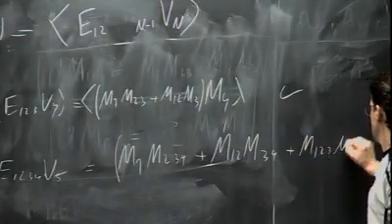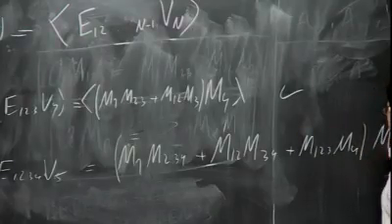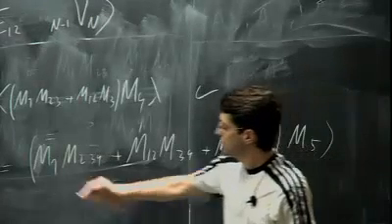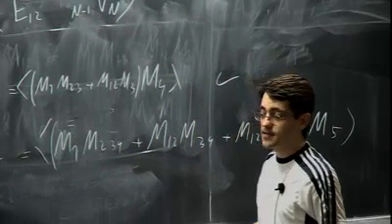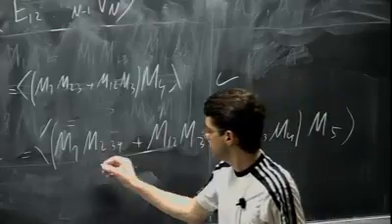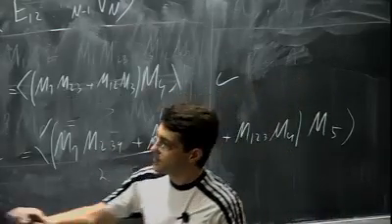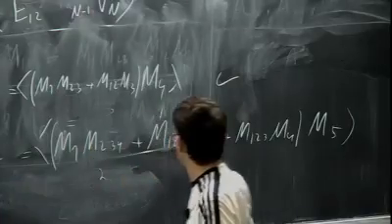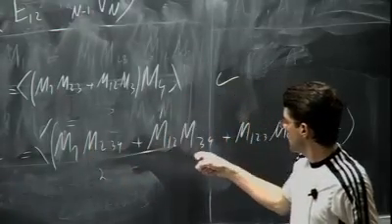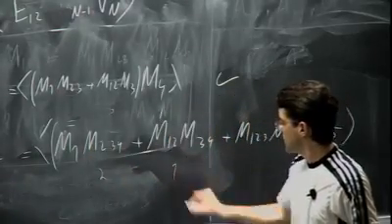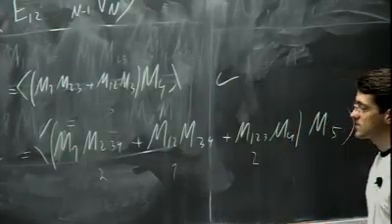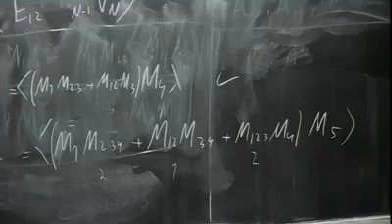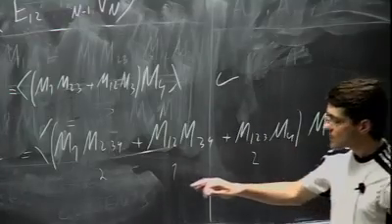M1, 2, 3, M4 multiplying M5. And what are the number of poles here? This one contains 2 poles because of that expression. This one contains 1 pole and 1 pole, so you multiply, you get 1. And these 2 poles, so you get 5 poles. So the Catalan number is being respected.